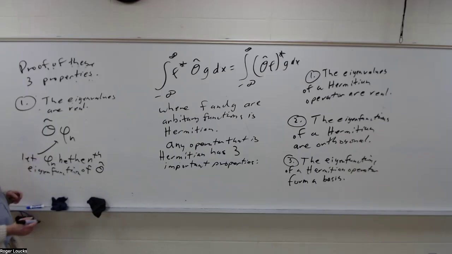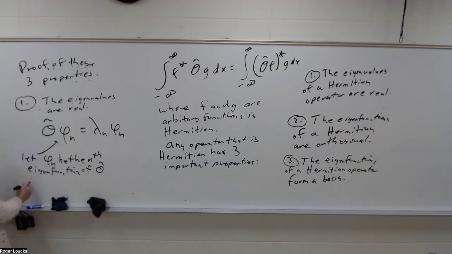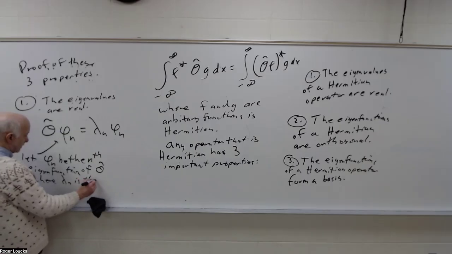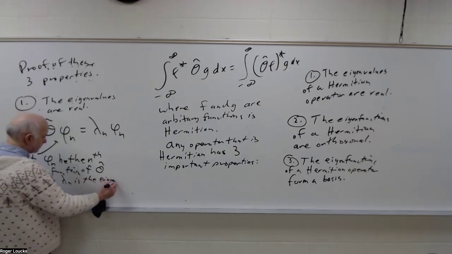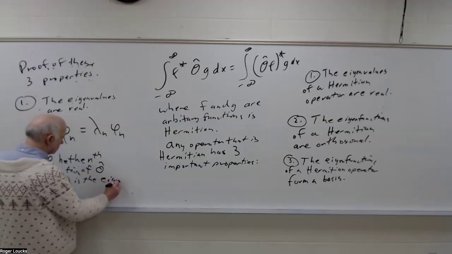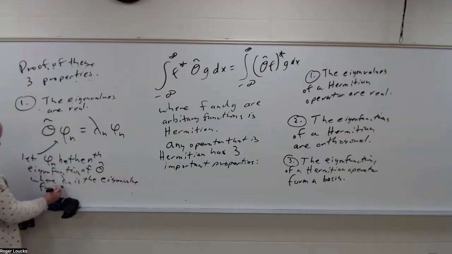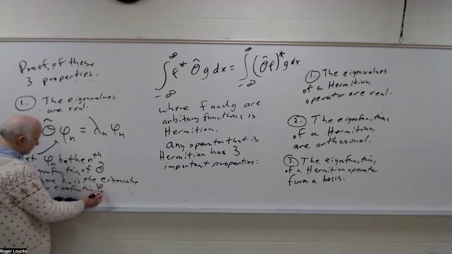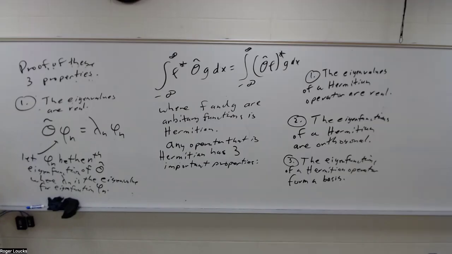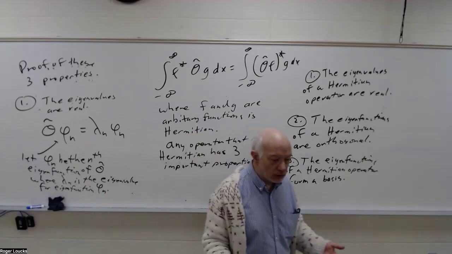When O acts on it, I'm going to call this lambda n phi n, where lambda n is the eigenvalue of the eigenfunction phi n. Usually the eigenvalues are denoted by lambda.